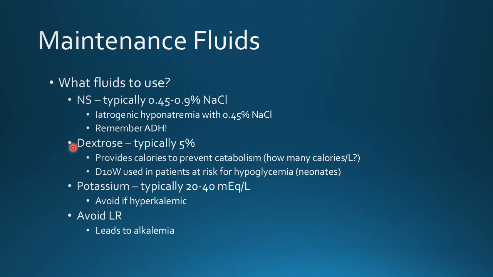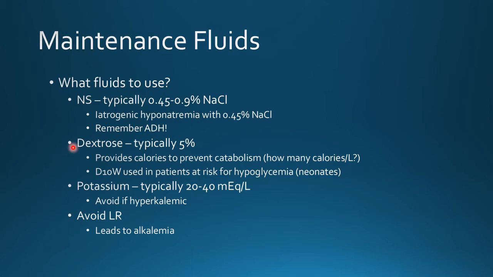So with D5, I know there's basically 50 milligrams of dextrose per ml. So 50 times 1,000 mLs in a liter is what? 50,000 milligrams. So 50,000 converting milligrams to grams is what? 50 grams. So basically there's 50 grams in that whole bag of D5, okay?